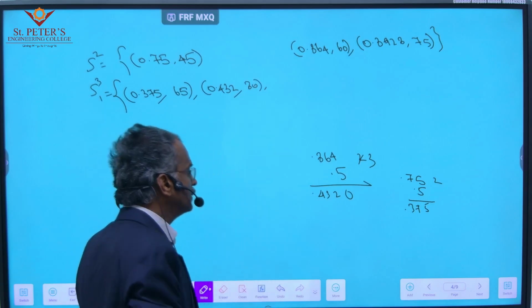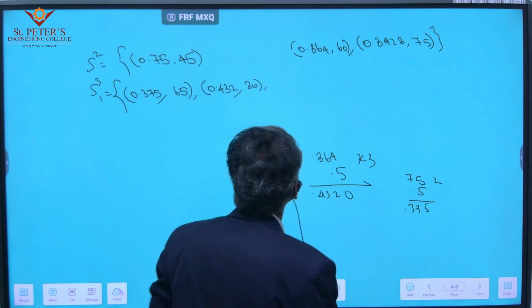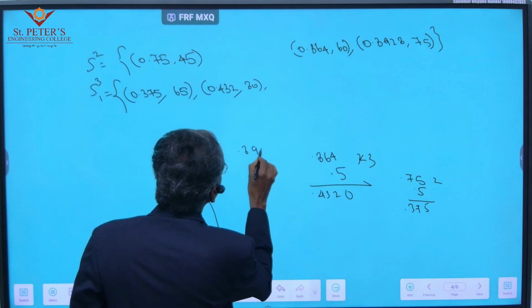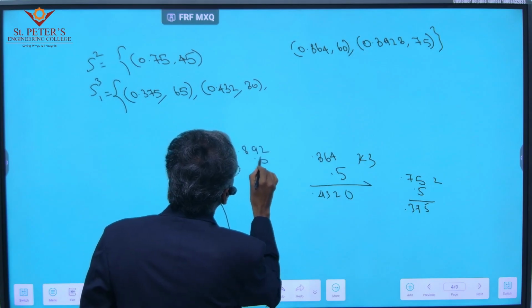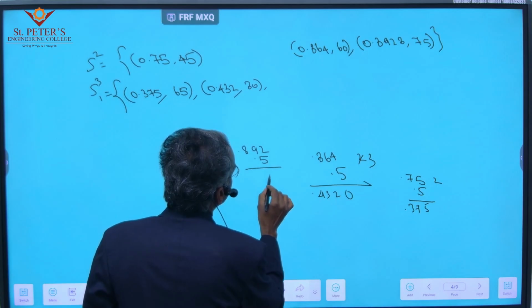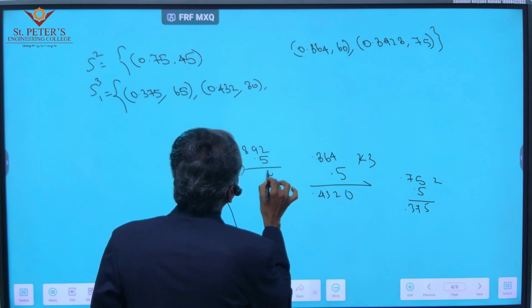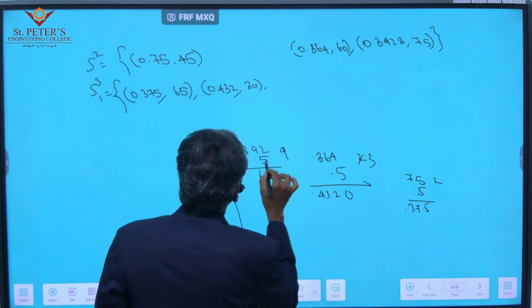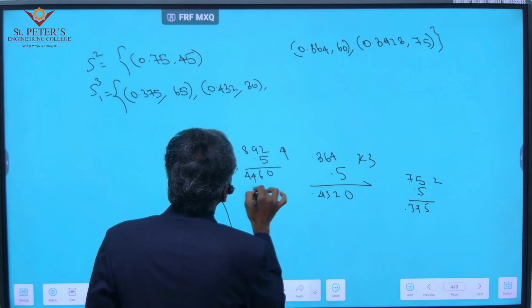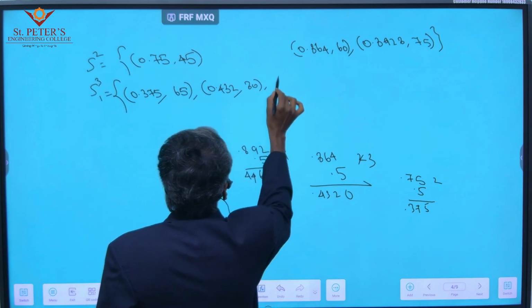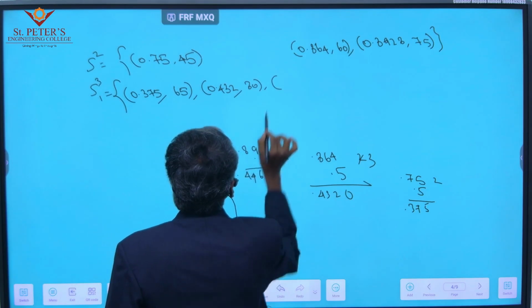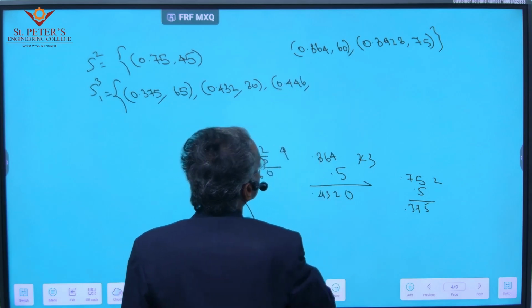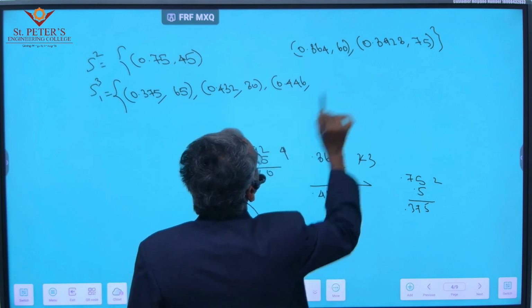Now 0.5 into 0.892, 0.446, comma 20 plus 75.